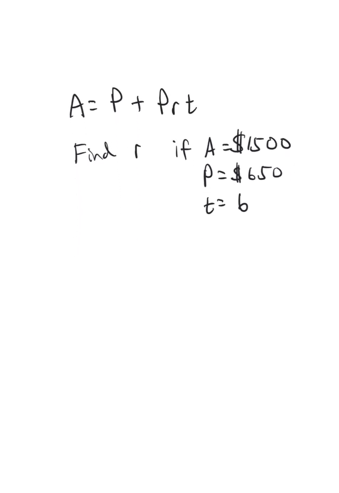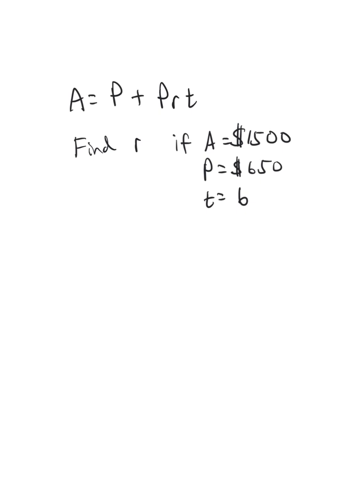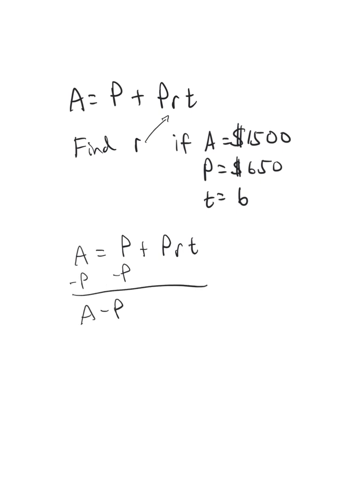So there's kind of two different ways we could do this. I'm going to go one based on what we did in the notes where I solve for the variable R first, right? Because R is not currently isolated. So if I do A equals P plus PRT, I can take away P from both sides, giving us A minus P equals PRT.